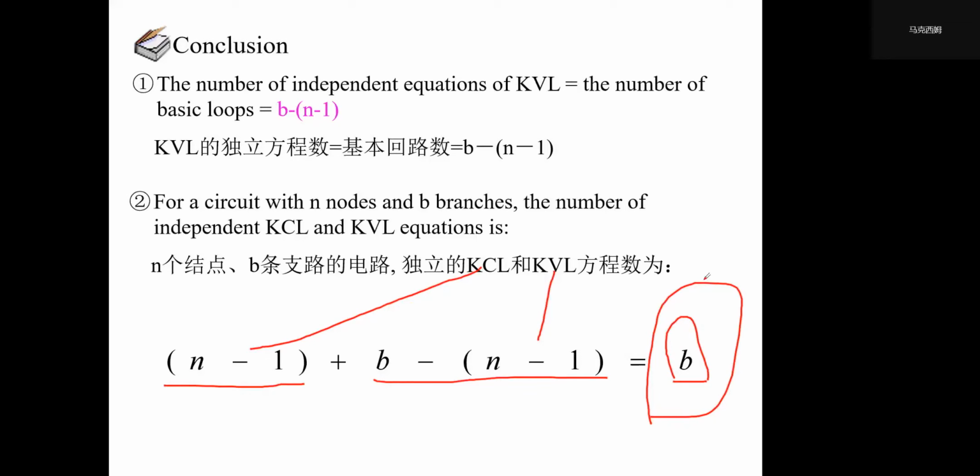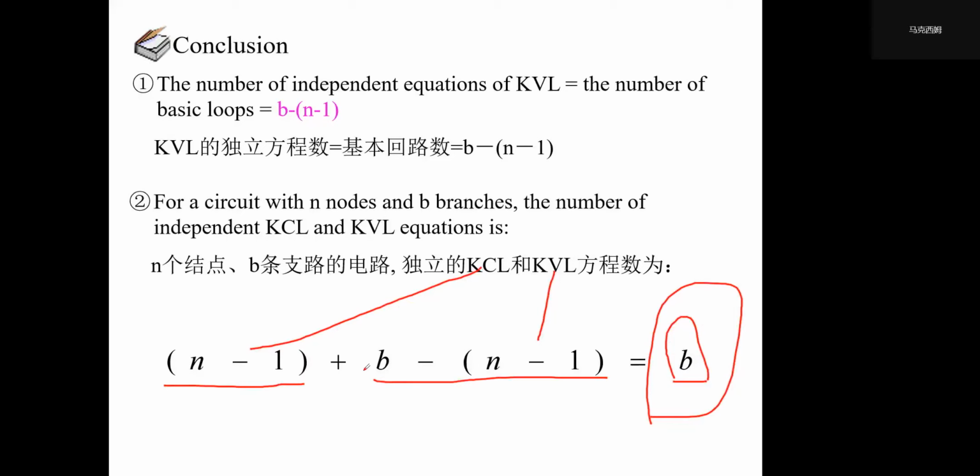So once we encounter a circuit and we would like to solve the branch voltages or currents in the circuit, we can list the KCL and KVL equations, and we can count the number of the KCL equations and the number of KVL equations.